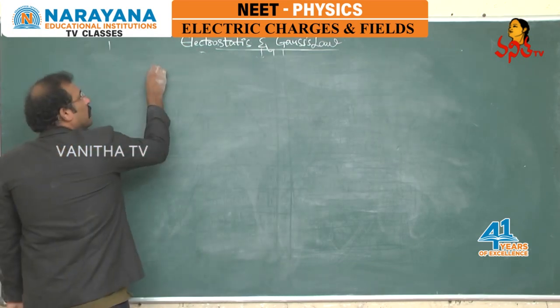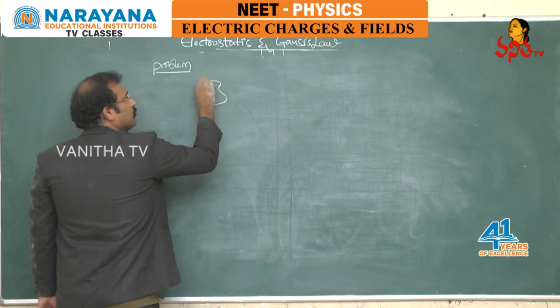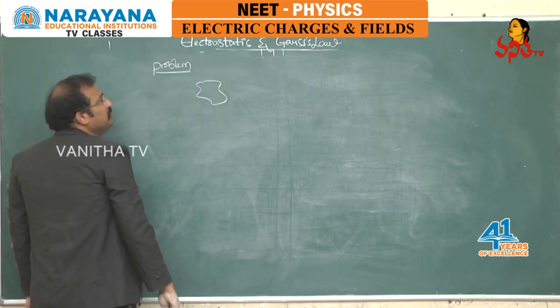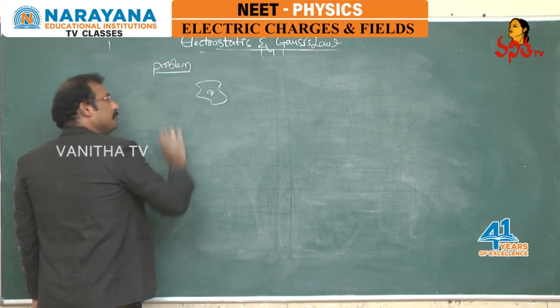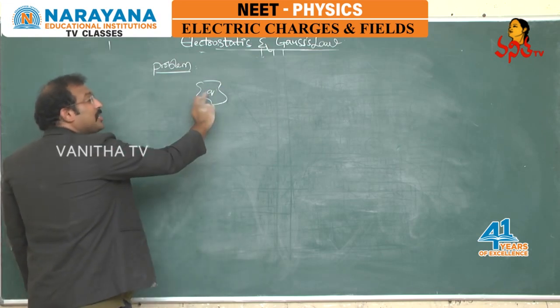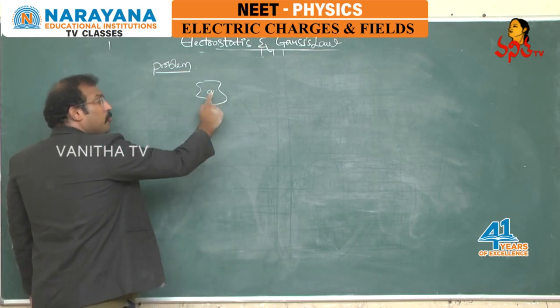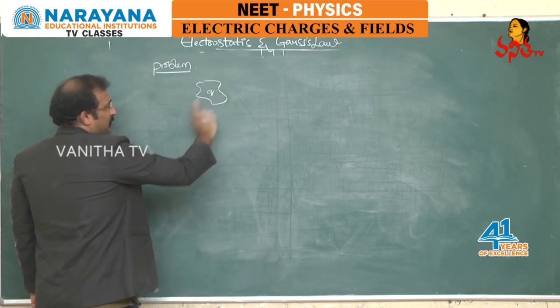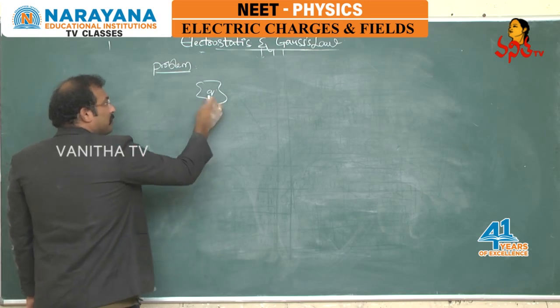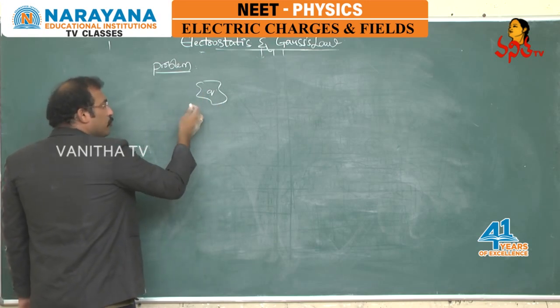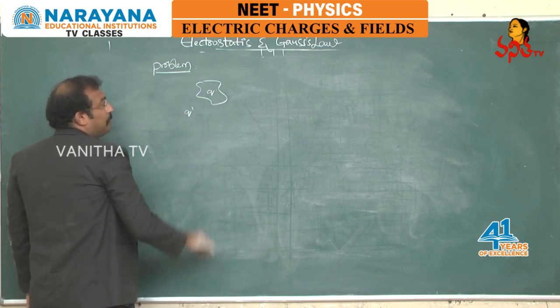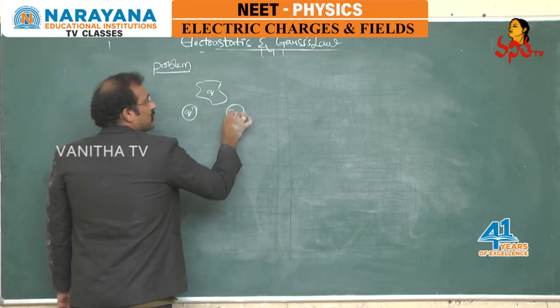Let us see one more problem. Consider a charged body Q. This is divided into two parts so that the force between the two parts would be maximum. Now one part is Q dash, the other part is Q minus Q dash.